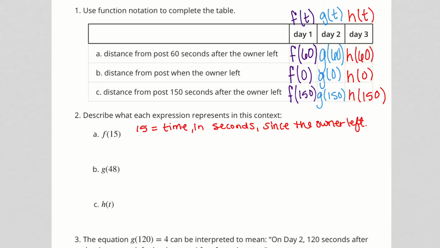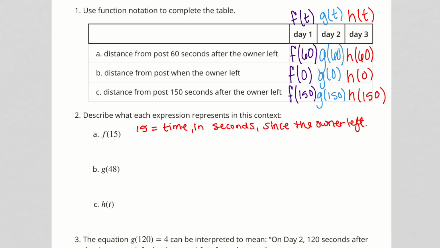I should have done that in purple. Let me see if I can change that. Oops, that is not what I wanted. I'm going to put it completely backwards. We'll just leave that in red.